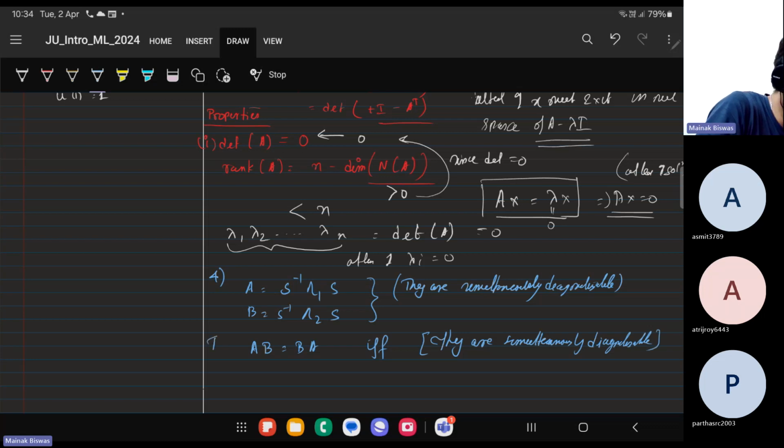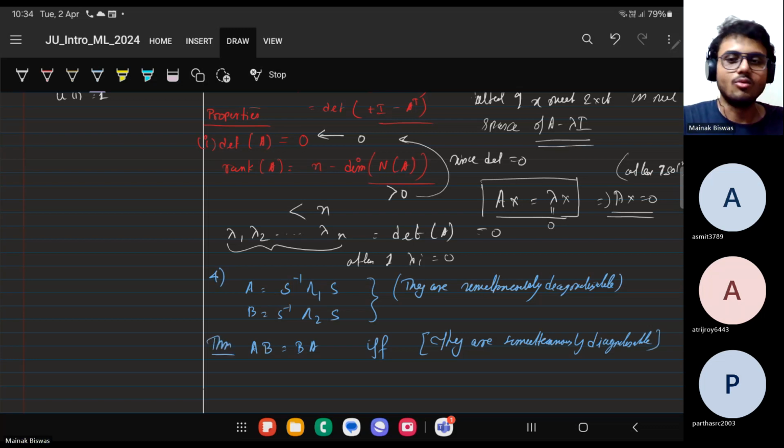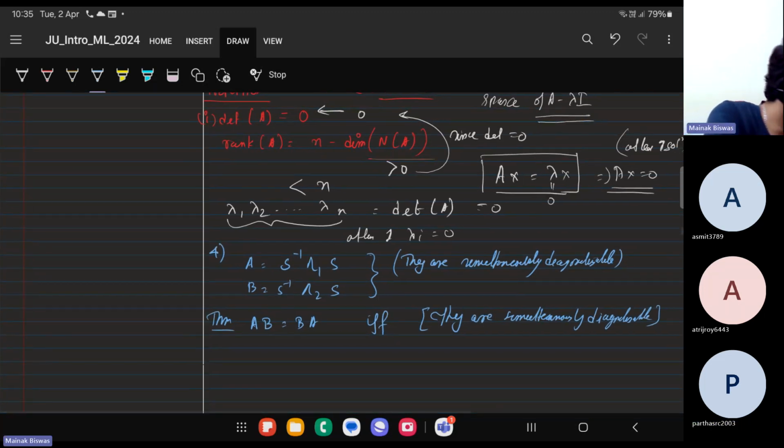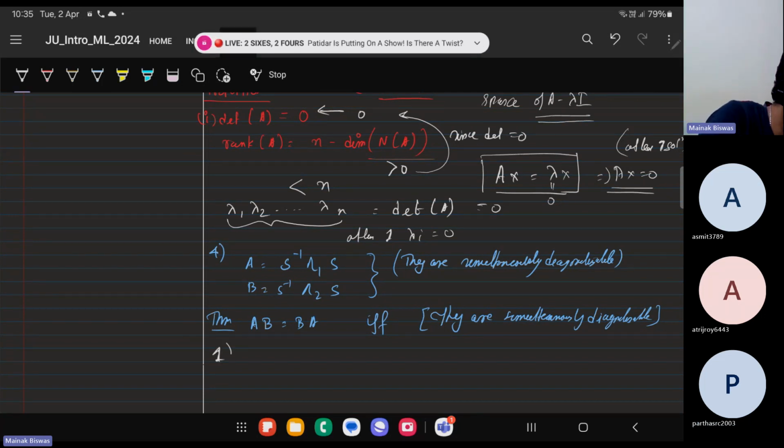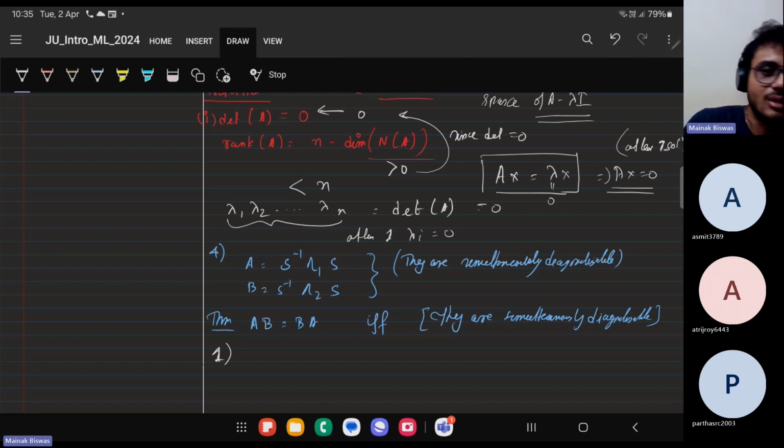This is a theorem. We will not prove the other side, that is a design choice. I'm saying, I'll be proving only one direction. The other direction is only like making the matrices. You can look it up on the internet.